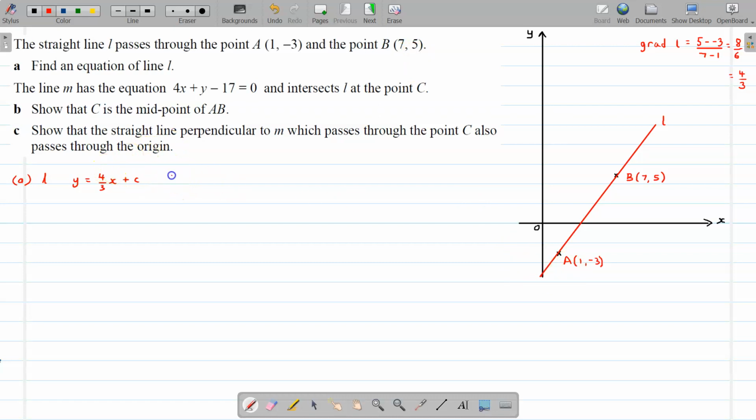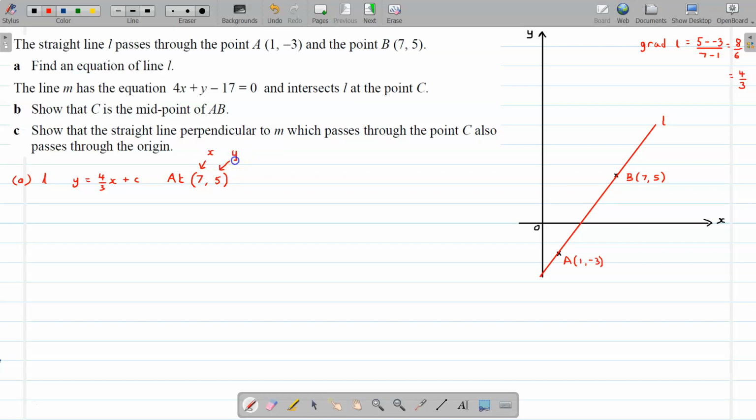So we could say at the point 7,5, let's take point B, we have that x equals 7, that's the x coordinate, and the y coordinate, when x is 7, y equals 5.